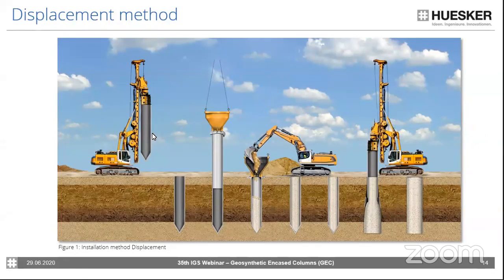What happens here is that you need to have steel encasement, which is used temporarily. It has a closed end at the bottom, which is driven down with a rig and a vibrator. Due to the closed bottom, the soft soil will displace and squeeze laterally.